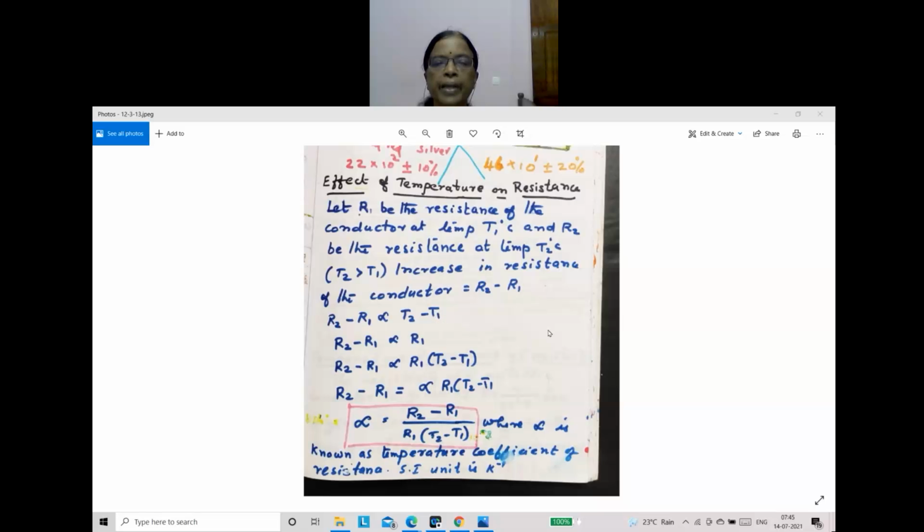When we increase the temperature difference, resistance is also found to increase. So R2 minus R1 is directly proportional to T2 minus T1, the temperature difference.